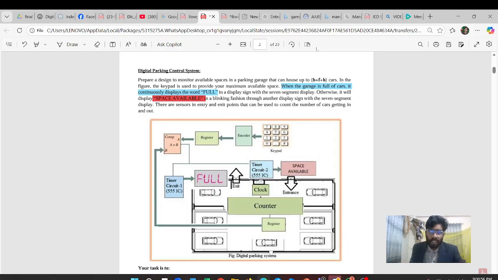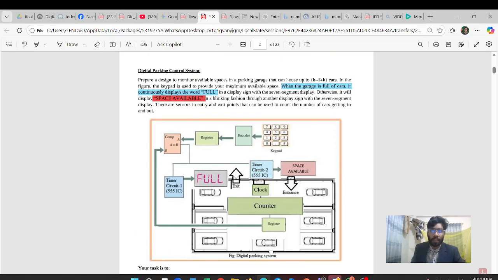Then they say that when the garage is full of cars, it continuously displays the word "full". Otherwise, it will display "space available" in a blinking fashion through another display sign with a 7-segment display.